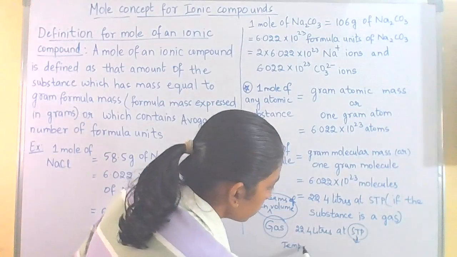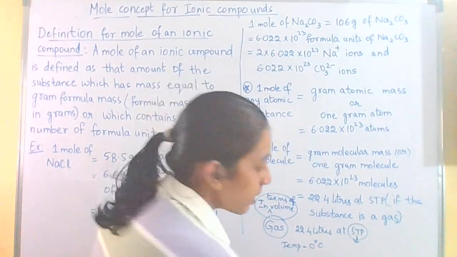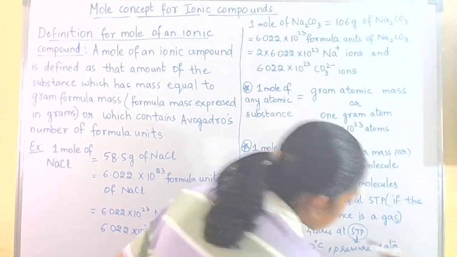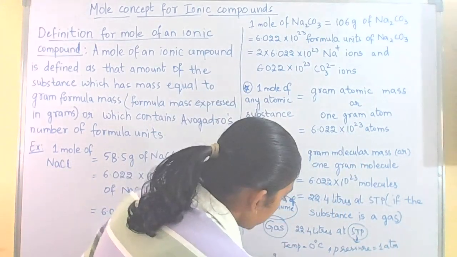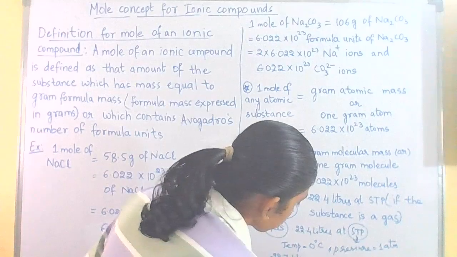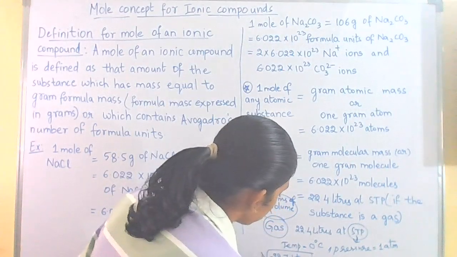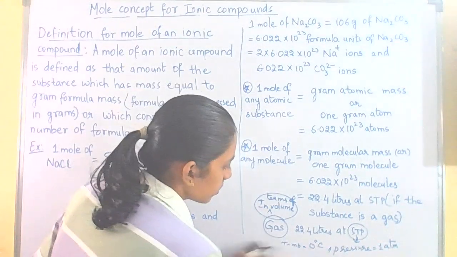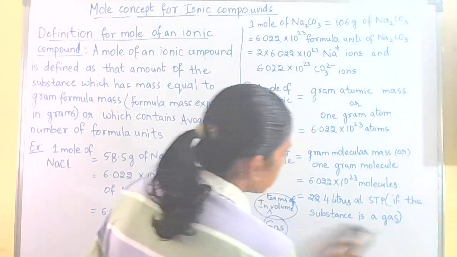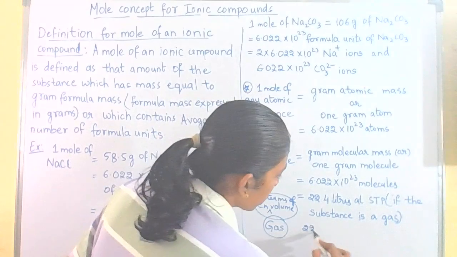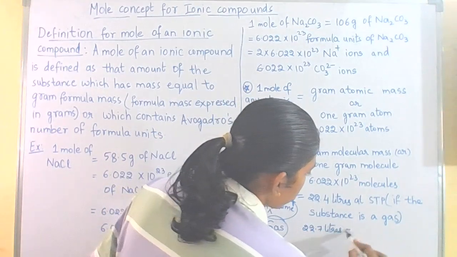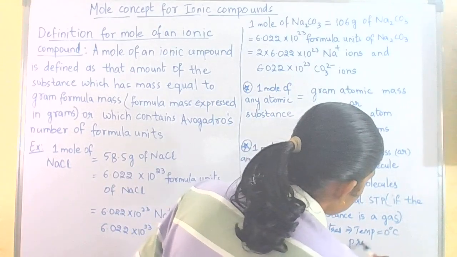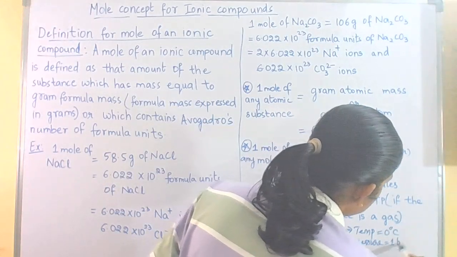Temperature is equal to 0 degrees centigrade, and pressure is equal to 1 atmospheric pressure. There is an exception: we have to take 22.7 liters if the temperature is equal to 0 degrees centigrade and pressure is equal to 1 bar.